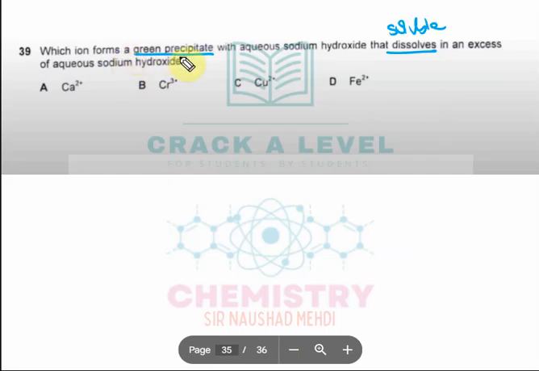When you add aqueous sodium hydroxide, which cation will form a green PPT and is also soluble in excess? The answer is chromium ion, because copper forms a blue PPT, and calcium forms a white PPT. So option B is the correct answer.